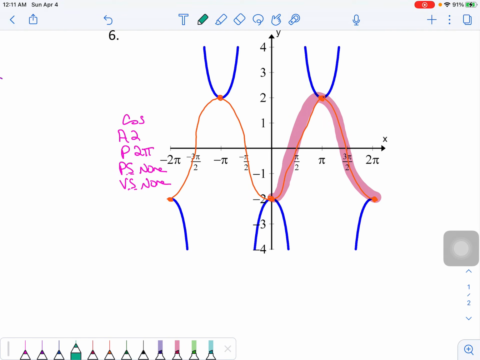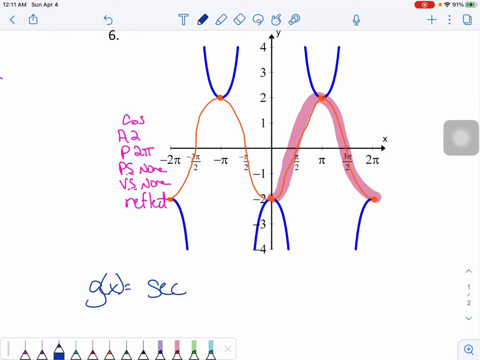So what does that tell me? Well, I do one other quick thing. Hold on. One thing. There's a reflection here. The reason I know it's a reflection is because we're starting off center low on the y-axis, not off center high. So I know there's a reflection. So cosine is the reciprocal to secant.